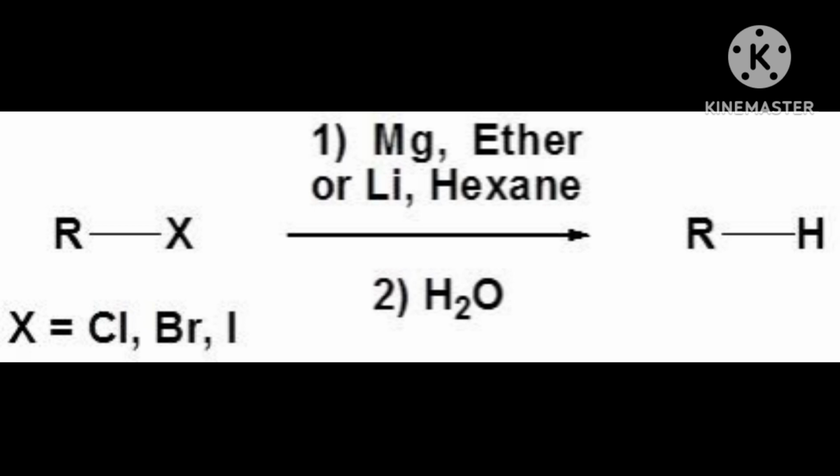This was discovered by Victor Grignard in 1900, and it is known as alkyl magnesium halide.